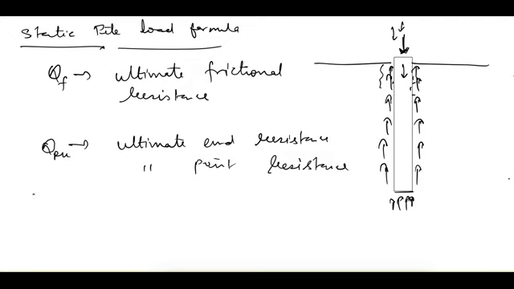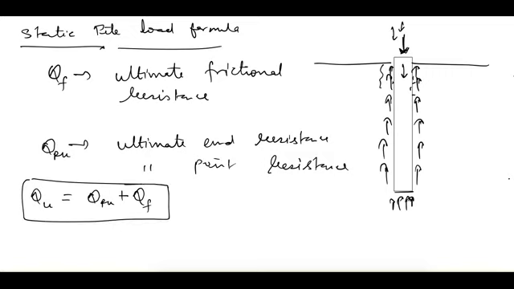And the ultimate load carrying capacity of the pile is the summation of these two, that is QU is equal to QPU plus QF. That is what we want to know.